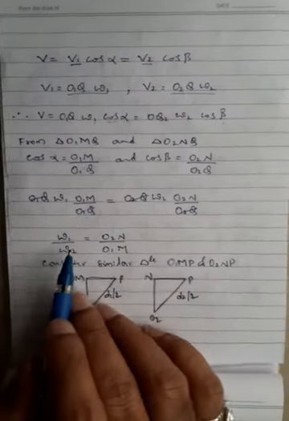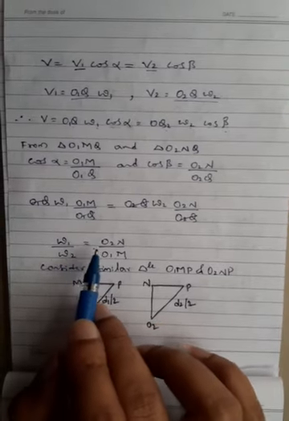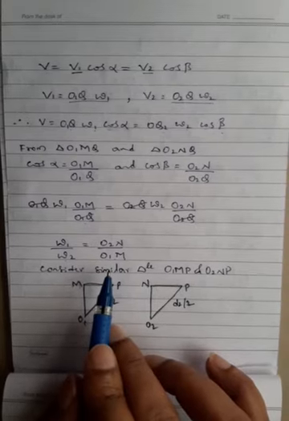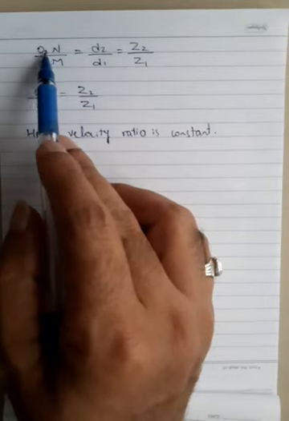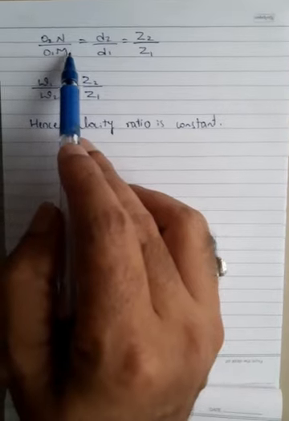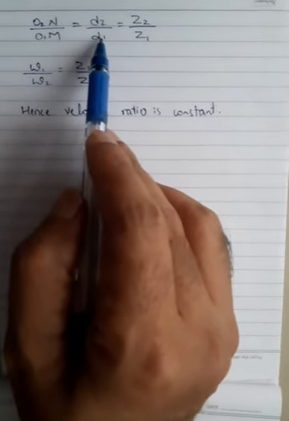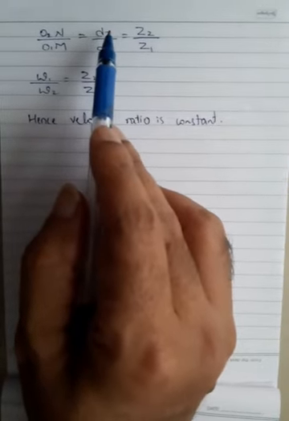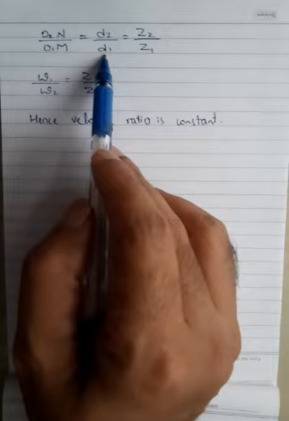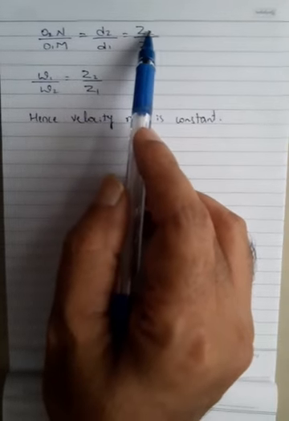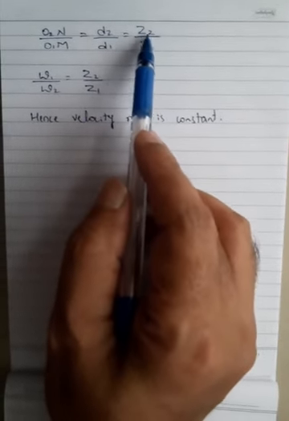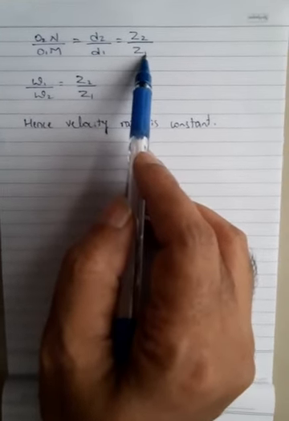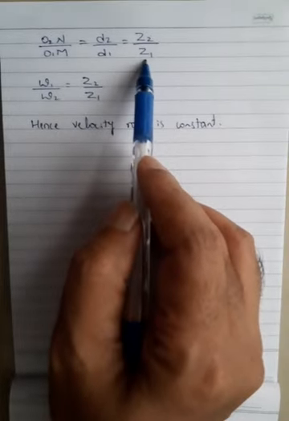We have the velocity ratio omega 1 by omega 2 equal to O2N by O1M. Further, this can be written as O2N by O1M equal to d2 by d1, because the 2 gets cancelled here, and d2 by d1 can be written as z2 by z1, that is the number of teeth on the gear to the number of teeth on the pinion.